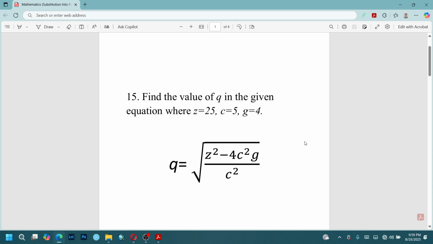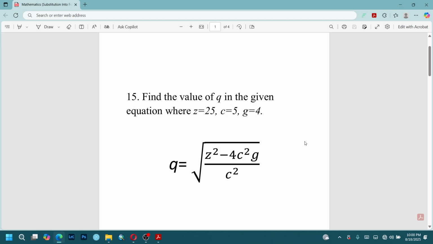In today's video, we would be solving a practical substitution into formula question in mathematics. So let's quickly delve into the question. This is series 15, and the question on the table is that we should find the value of Q in the given equation where Z equals 25, C equals 5, and J equals 4, right?